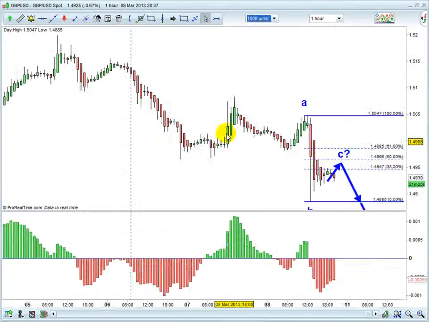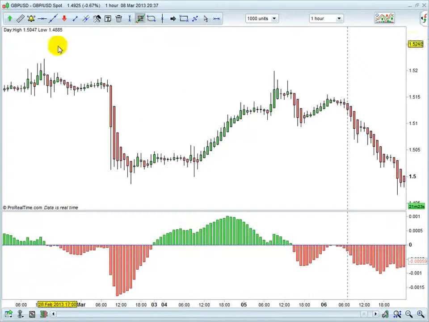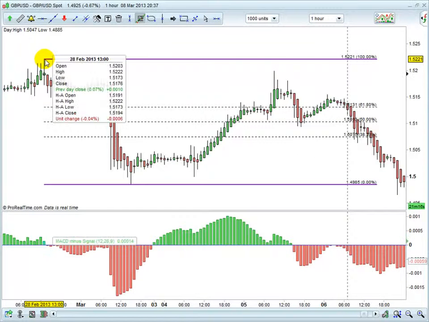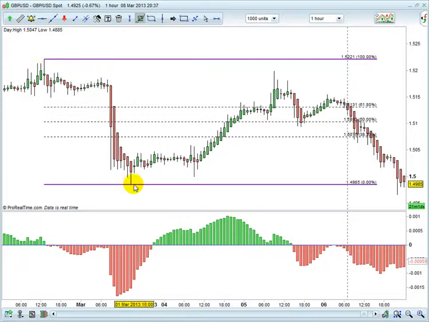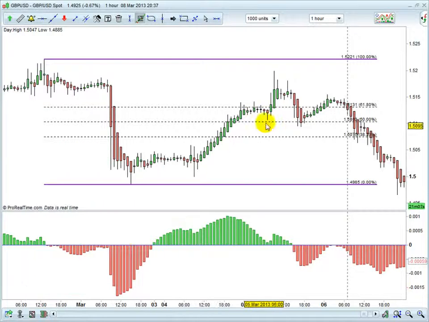And then let's pull up the hourly chart. And this is pretty much that same retracement. I'd gotten rid of it previously. Okay, our A right here, 1 p.m. GMT the 28th at 152.22. Our B, an interim low into a retracement from here, 3 p.m. GMT on March 1st at 149.86.